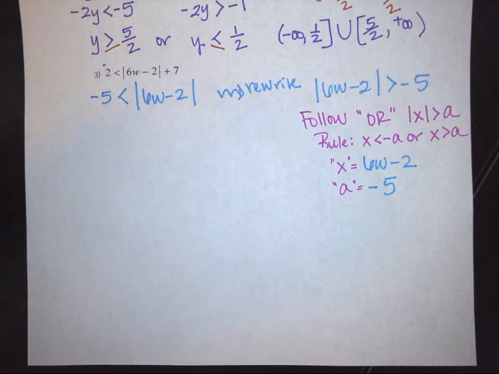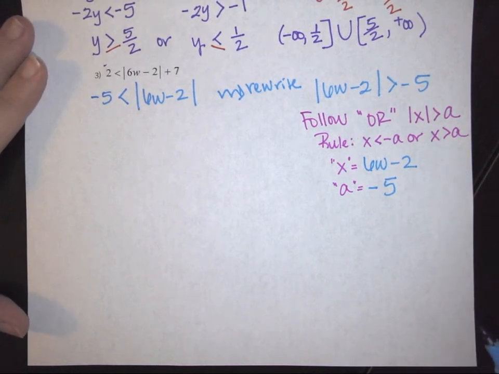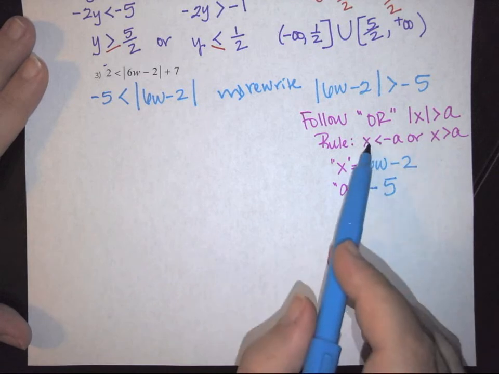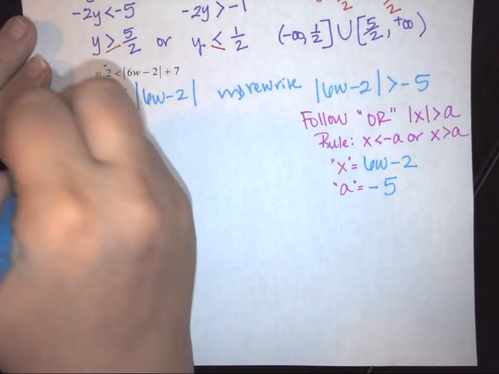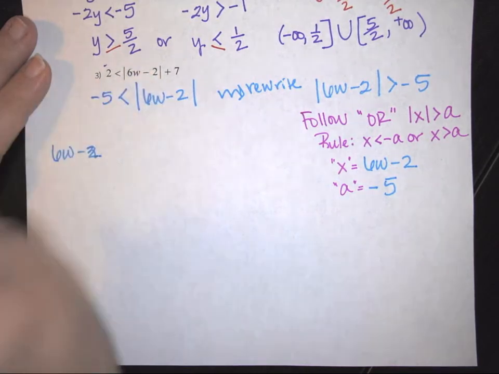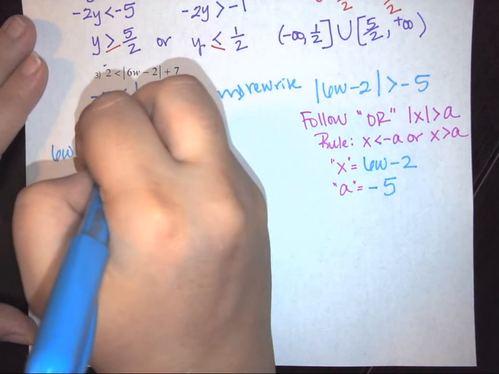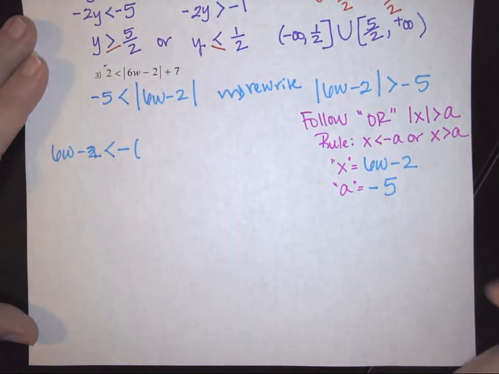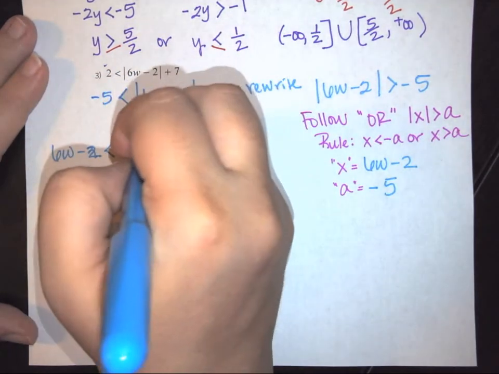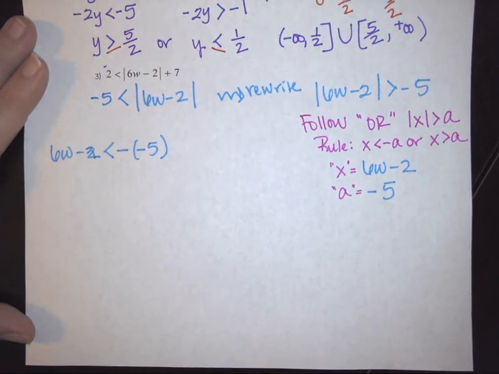So the first thing we need to do is we need to rewrite our absolute value into our rule. Okay, so it is an OR rule. So my x was the 6w minus 2. So I have 6w minus 2, and this is going to be less than the negative of your a. And so here my a is a -5. So notice I'm putting that in my parentheses.